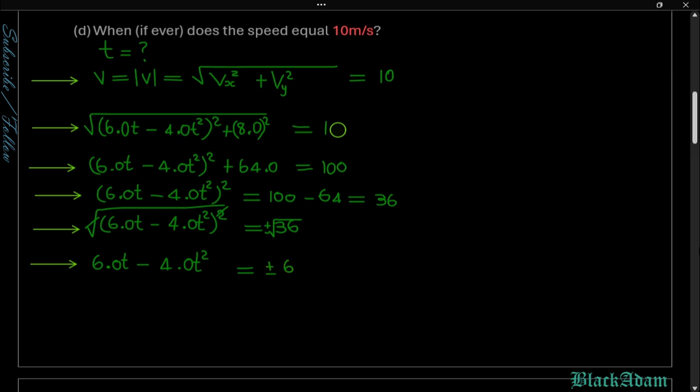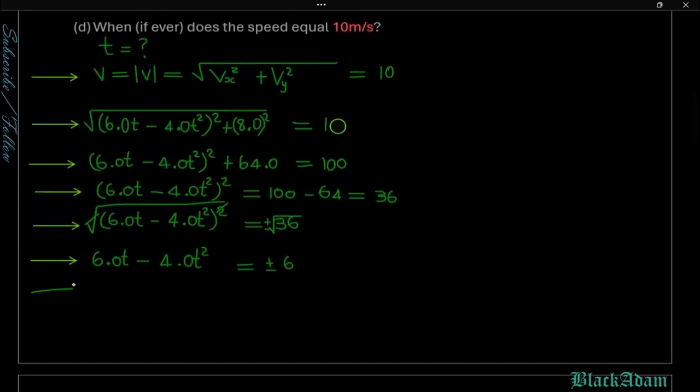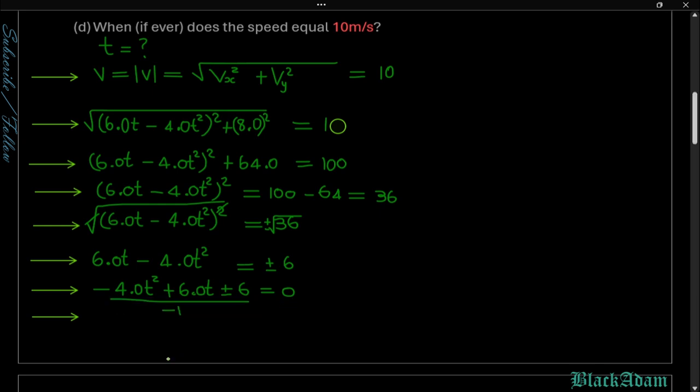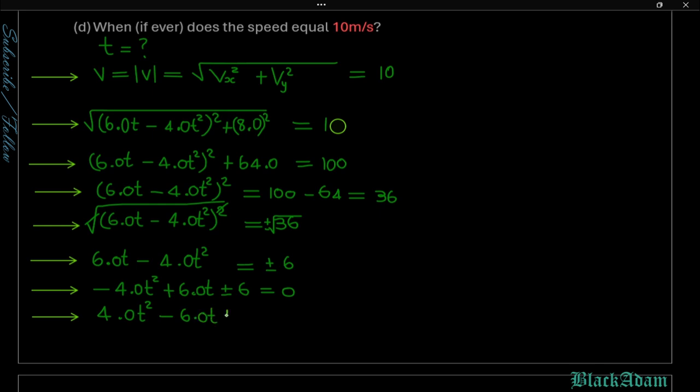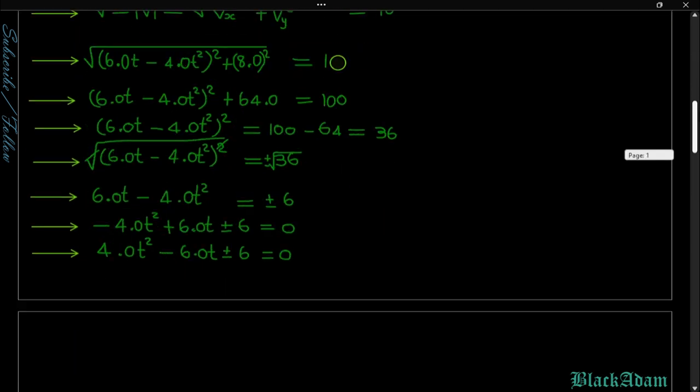We're looking to see if we can factorize that, so let us simplify further. Taking everything to one side and dividing by negative 1, the signs change, so we have 4.0t squared minus 6.0t plus or minus 6 equals 0.